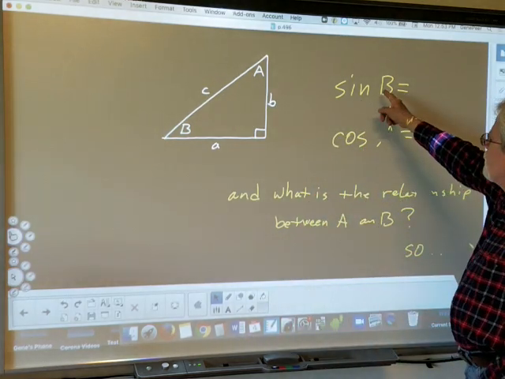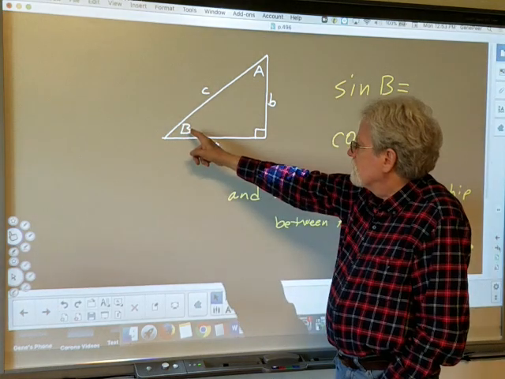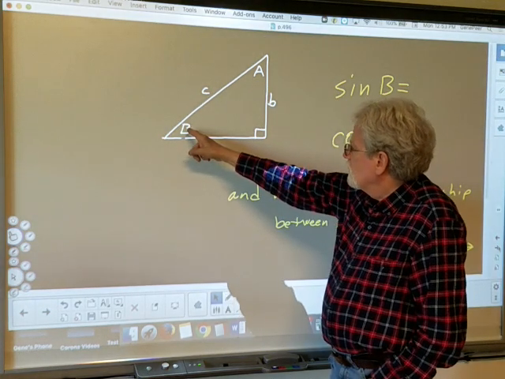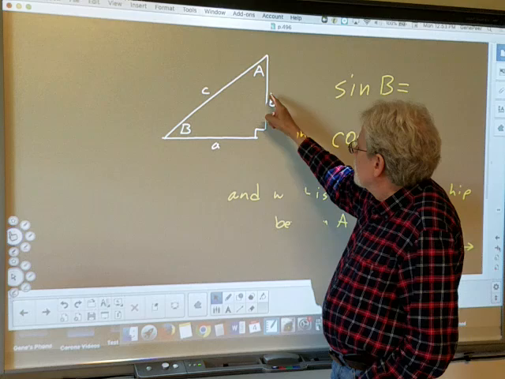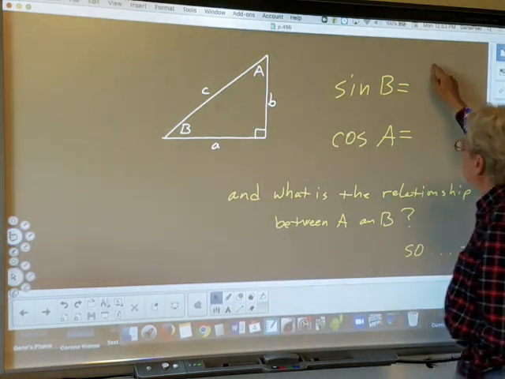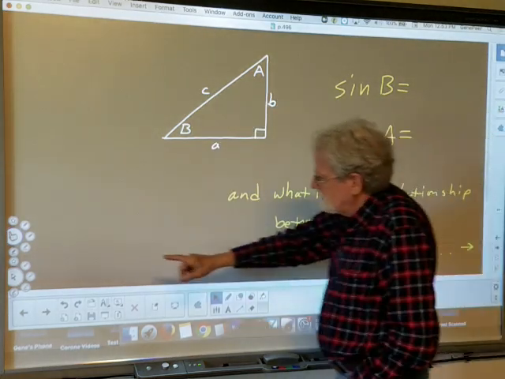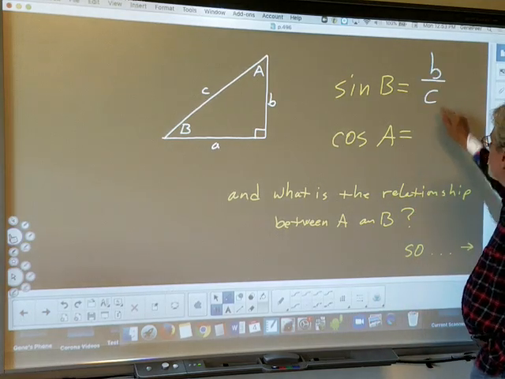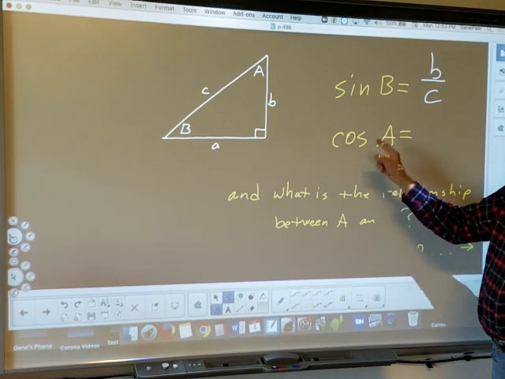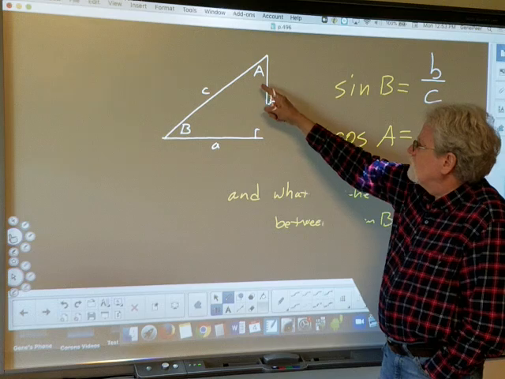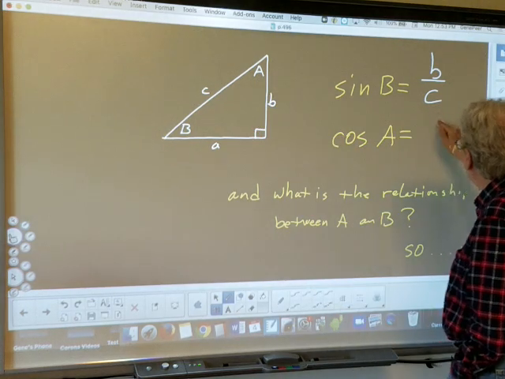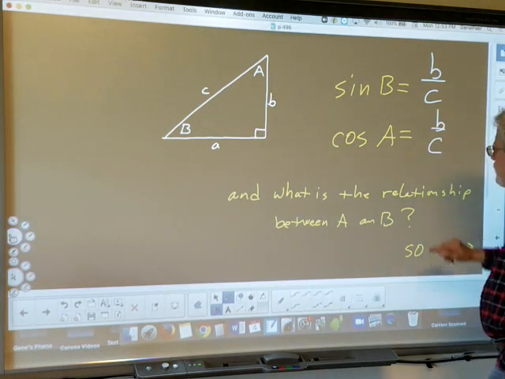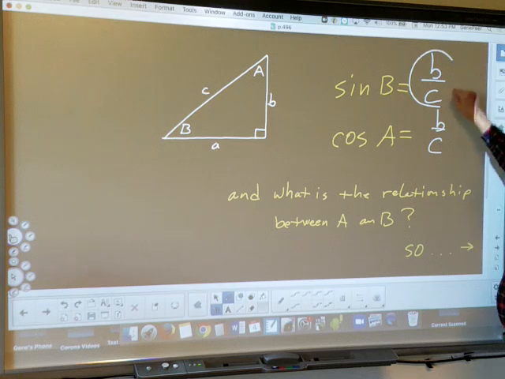Okay. What's the sine of B? The sine of B is going to be opposite over hypotenuse. Sine of B is B over C. What's the cosine of A? The cosine of A being adjacent over hypotenuse is B over C. Whoa, they're the same.